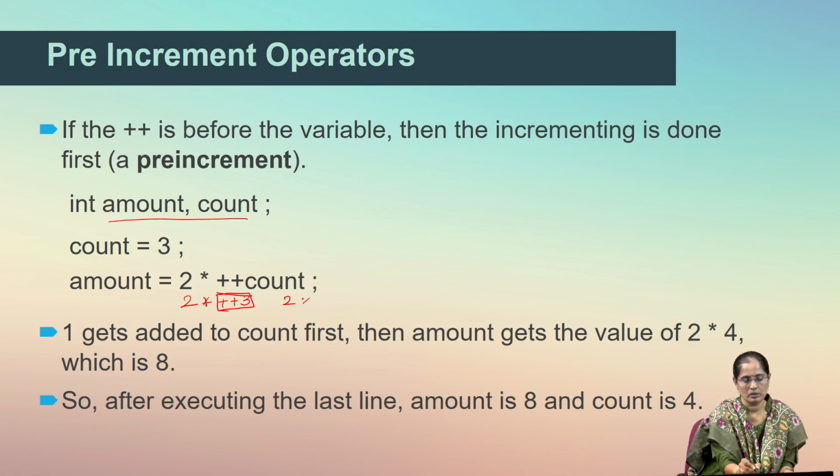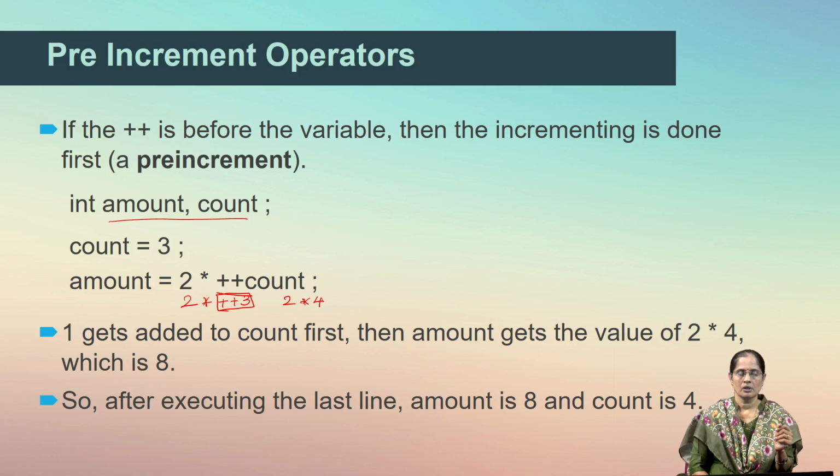So, 2 into 4. In the earlier case, the value of count is substituted, multiplied, and then the value is incremented, but here it is vice versa. The value will be substituted first, incremented, and then multiplied with the value 2.